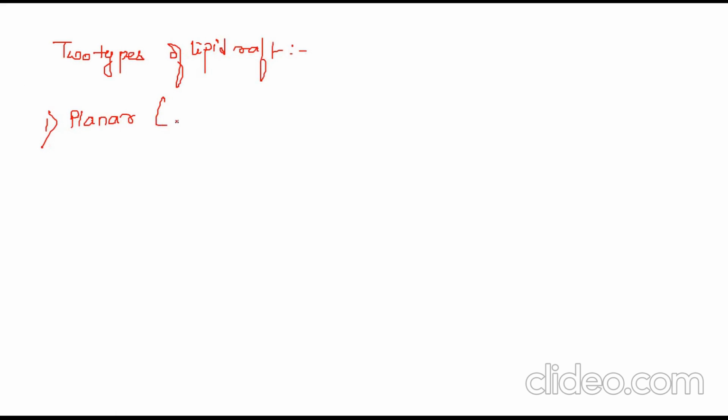Another thing we have to note about lipid raft is that there are two types. Number one is the planar lipid raft, also called non-caveolar or glycolipid raft. These planar rafts are continuous with the plane of the plasma membrane.